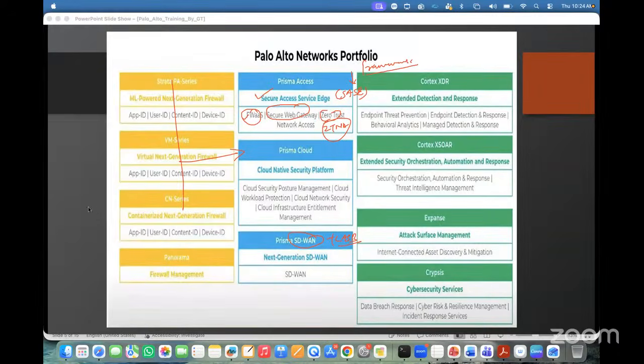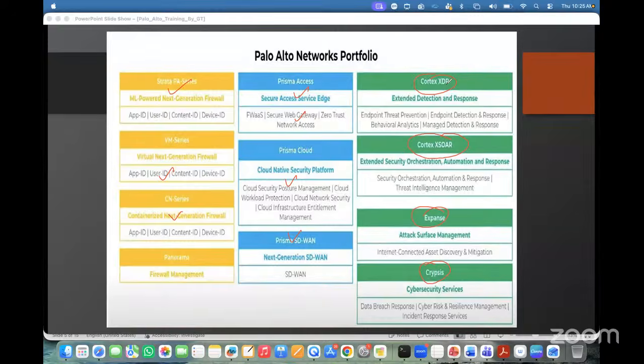Now, moving to the next step. These are the pure core products. You deploy that. But in these products, if I want to put intelligence, how can I put intelligence on that? Means monitoring, cyber security. How can we put that? For that, we have one of the solutions that is known as Cortex XDR, Cortex XSOAR, Xpanse, and Xpanse.